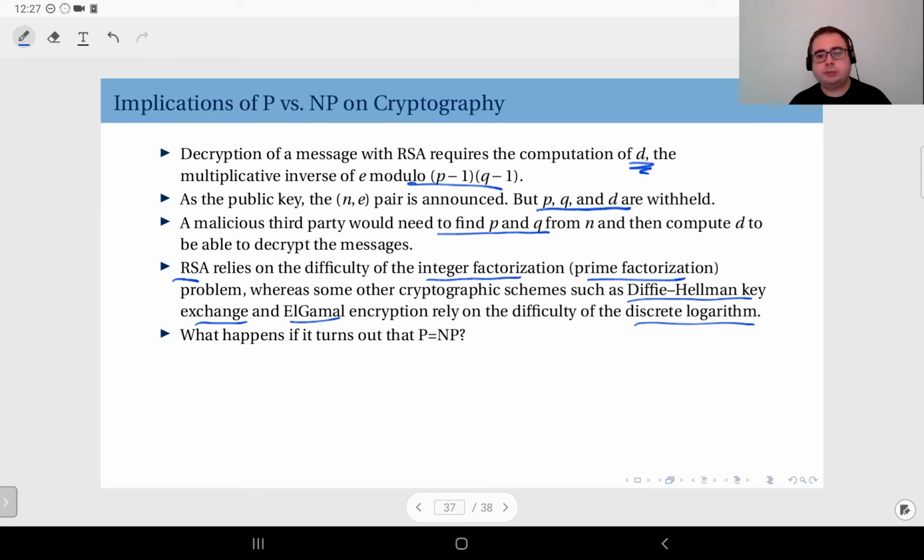Now, maybe a small detail to point out here. In general, people use private key cryptography in communications, but they use public key cryptography to exchange keys. So one algorithm for key exchange is Diffie-Hellman key exchange. If you are interested, you can look it up.